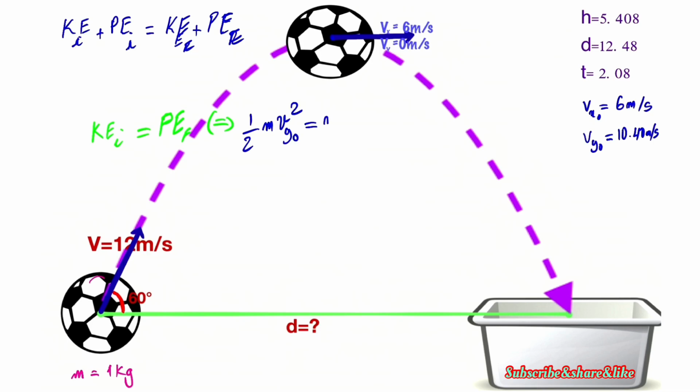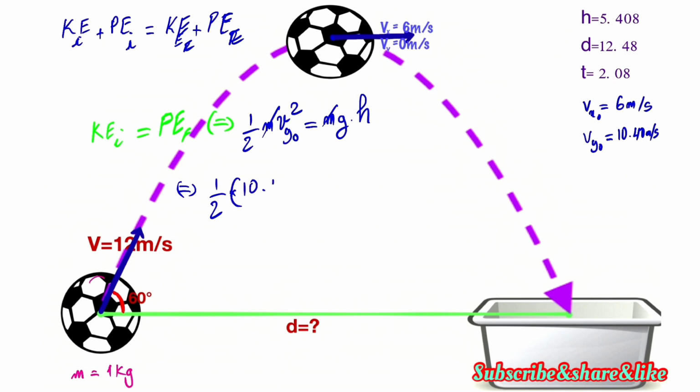It's just m times the gravity constant g, times h. So we have 1 over 2 m, we say just 1, and anyway we can cancel m, times vy0 squared, which is 10.40 squared, equal to the gravity, 10, times the height.